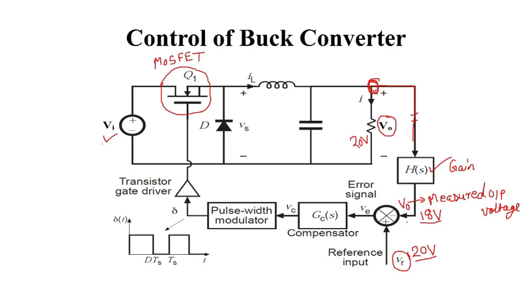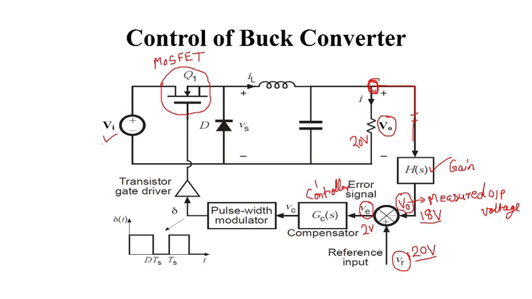So this measured voltage at this point is now compared with the reference one, and the error signal is generated. Here error is generated. How much? 2 volts error is generated. So depending upon this error signal, it is fed to a controller. This is the controller circuit.